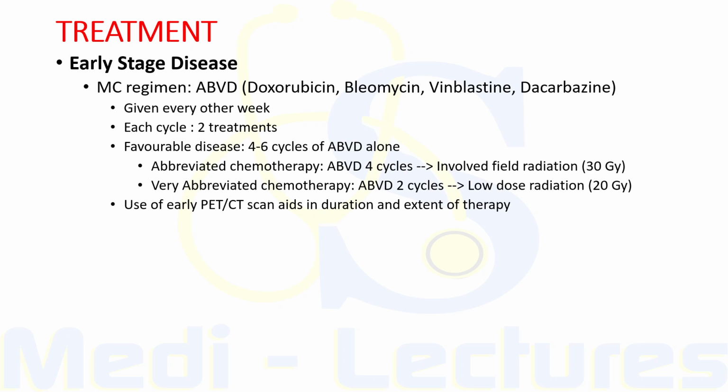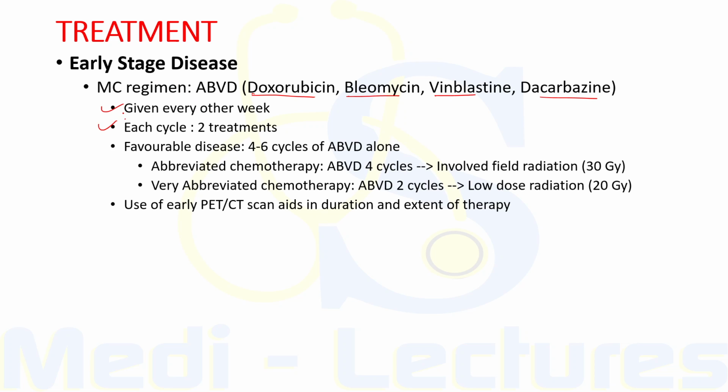So the most common chemotherapeutic regimen used in this early stage disease is the ABVD regimen. ABVD stands for adriamycin, also known as doxorubicin, bleomycin, vinblastine, and dacarbazine. Now this regimen is given every other week, with each cycle including 2 treatments.